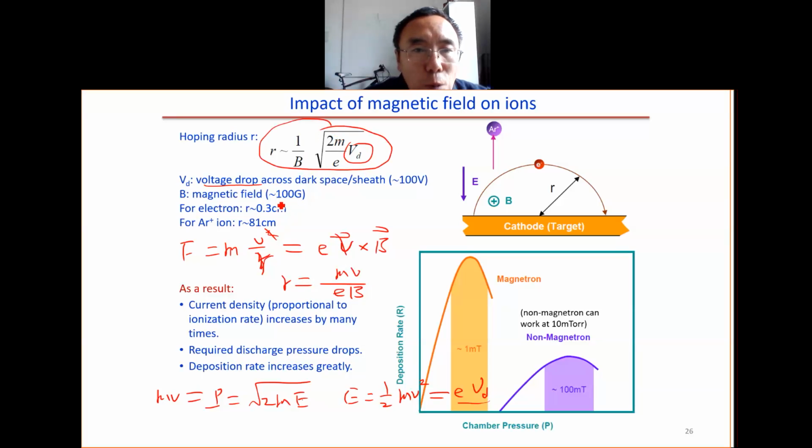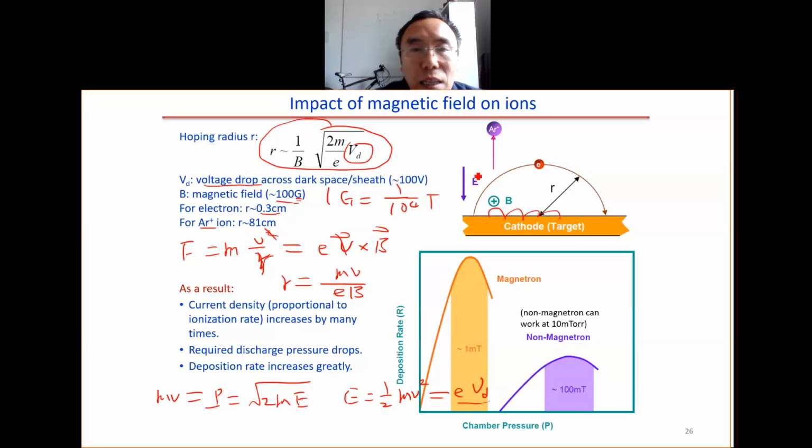For the case of about 100 Gauss, 1 Gauss equal to 1 over 10 to the power 4 Tesla, where Tesla is the unit of magnetic field. For electrons, we can get 0.3 centimeter, so it really moves like this. But for the argon ion, it's 81 centimeter.